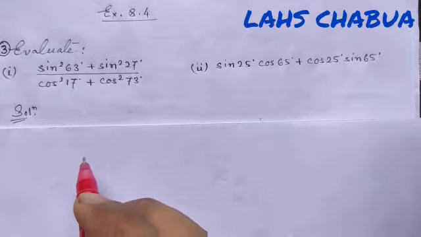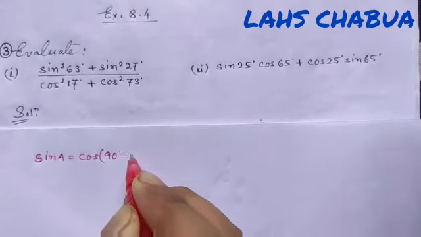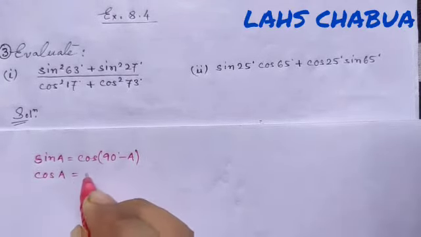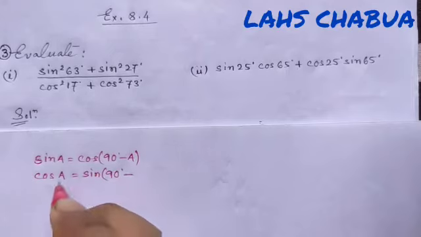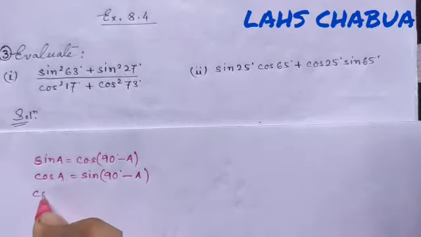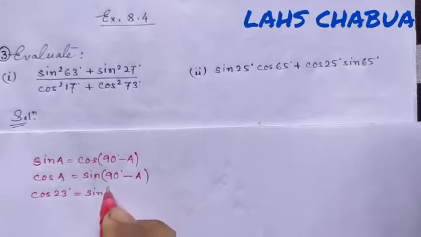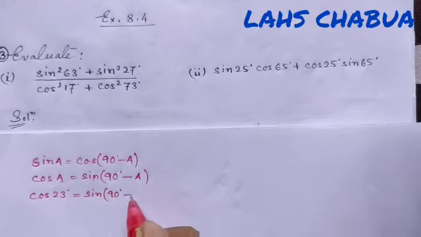Sine A can be expressed as cos of 90 degree minus A. In the same way, cos A can be written as sine of 90 degree minus this acute angle A. If it is cos 23 degree, then follow this rule: cos will change into sine, and 90 degree minus which angle?